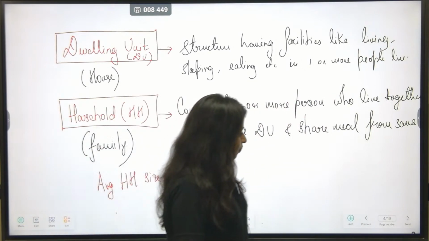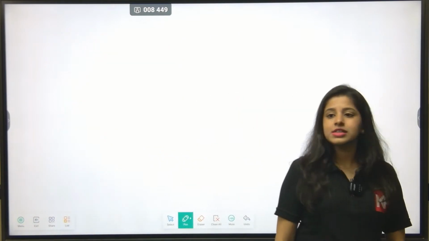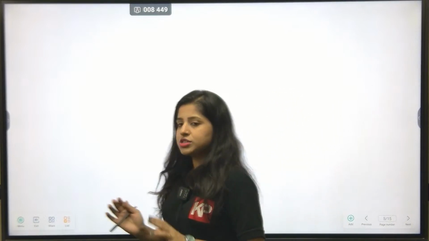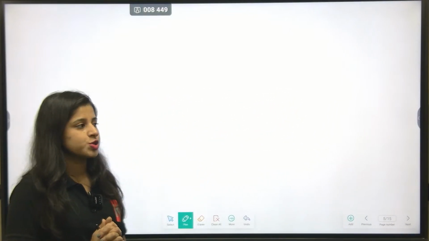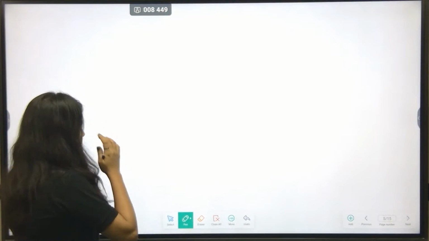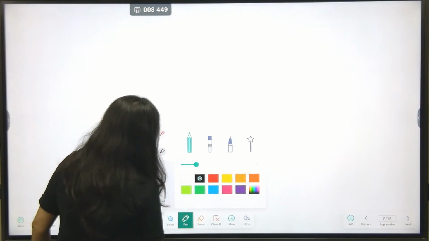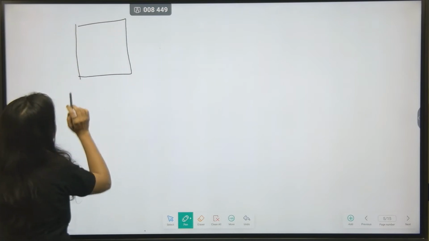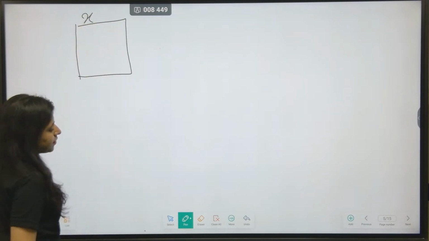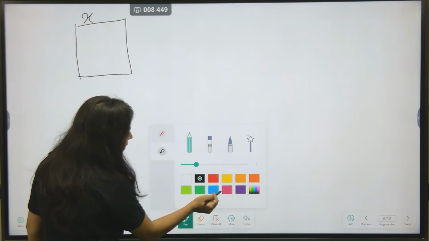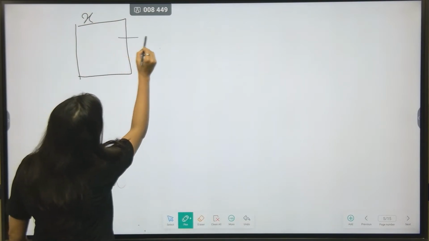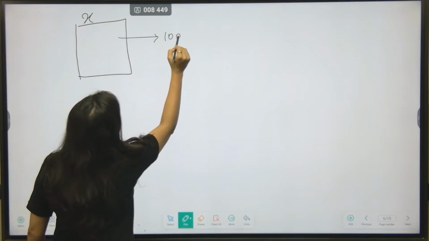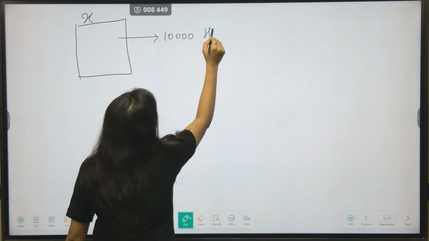Fine. Now let's come to the topic of your housing shortage calculation. Let's assume that there is a particular city, city X. Let's say in this city X there are 10,000 households.